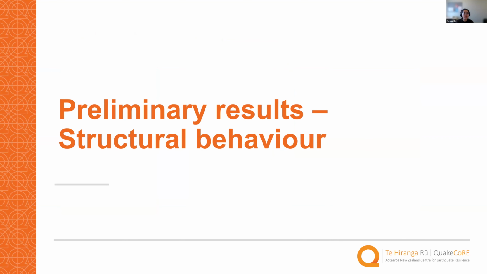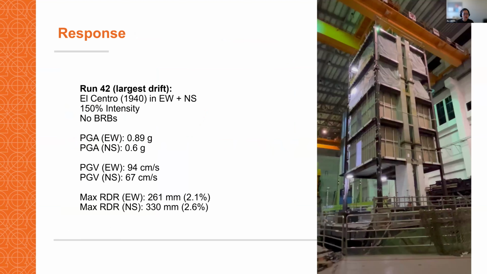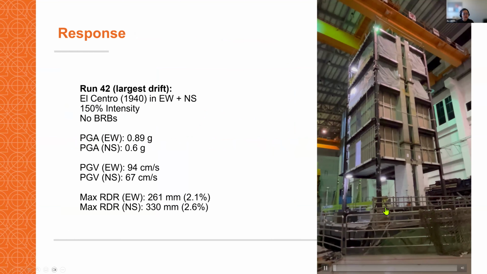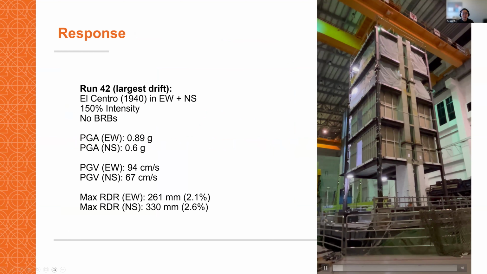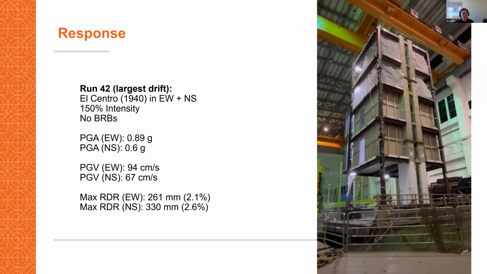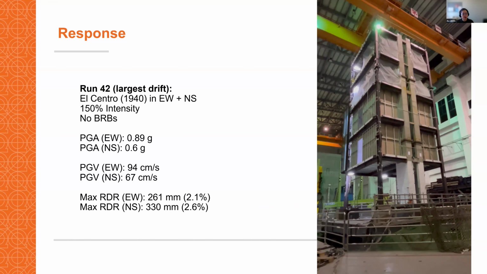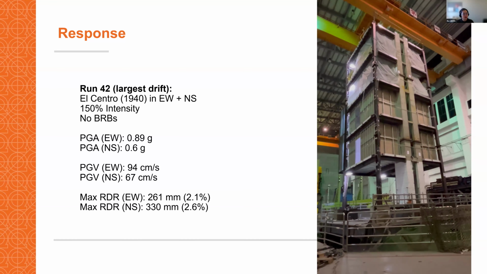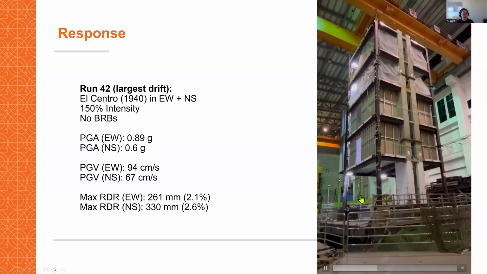Then I want to briefly discuss some preliminary results on the structural components. To start with, I want to show a video of round 42, with the largest drift. The shaking is in both directions, east-west and north-south, and the intensity is 150%.